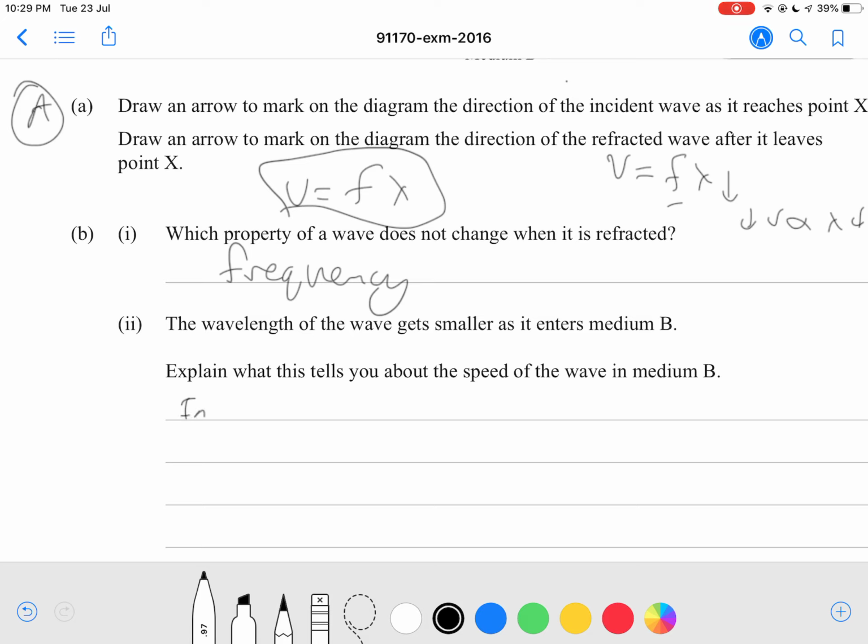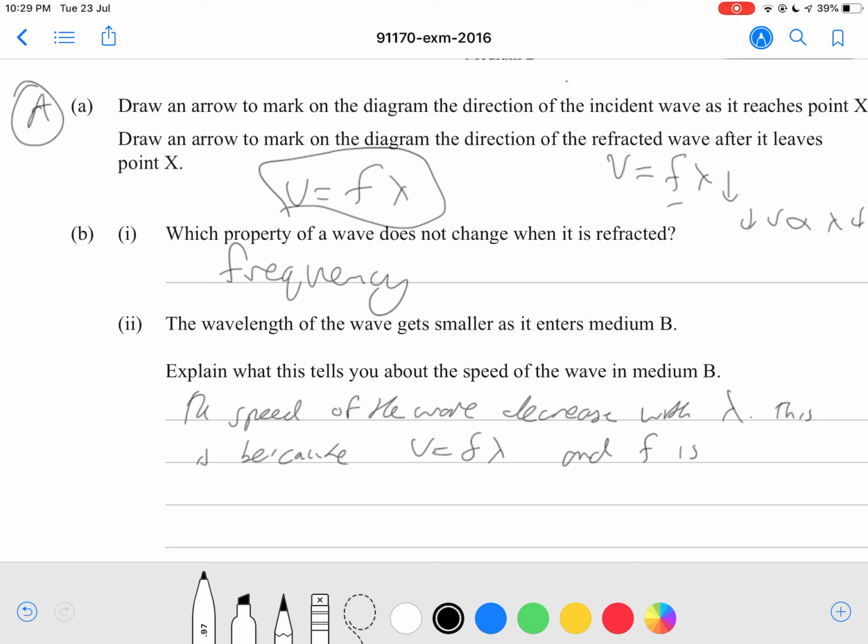We just have to mention the formula and what it does. We can just say the speed of the wave decreases with lambda. This is because v equals f lambda, and f is constant.